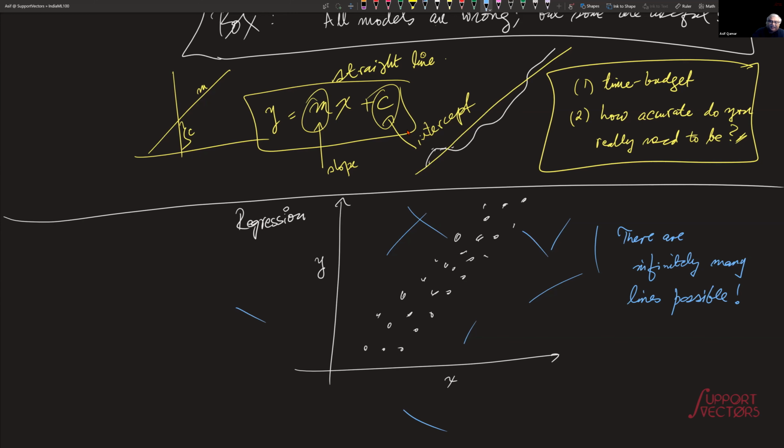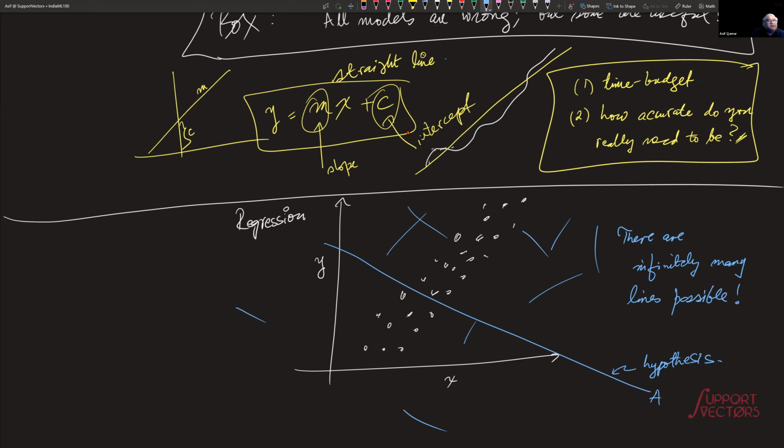So for example, if you make a hypothesis like this, that this line is a hypothesis, let me call it hypothesis A, would you say this is a good hypothesis for the data? No, it isn't. And why is it not?